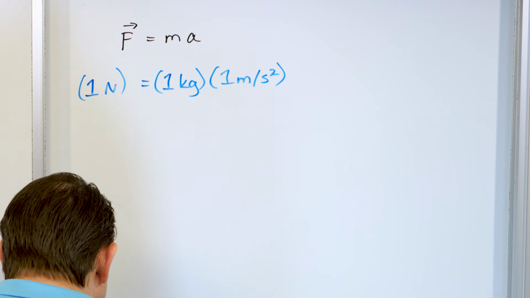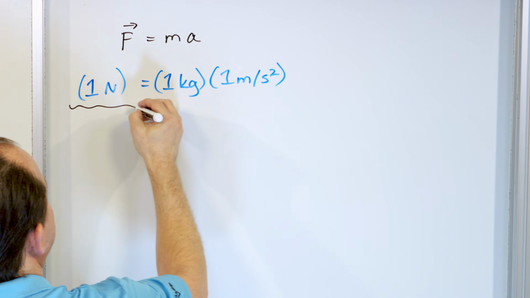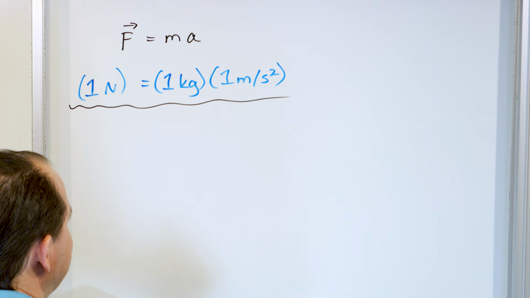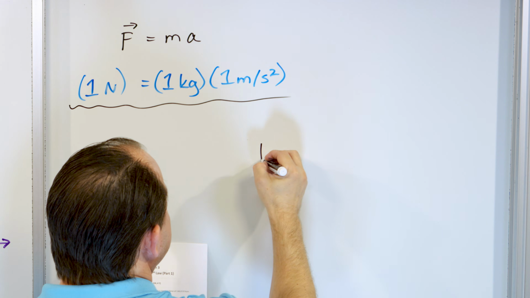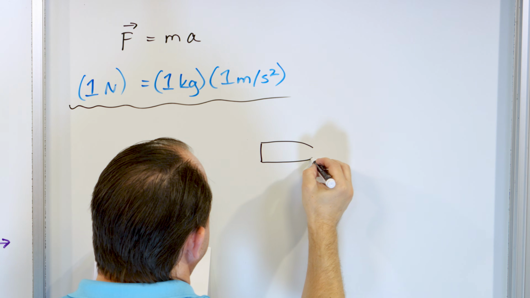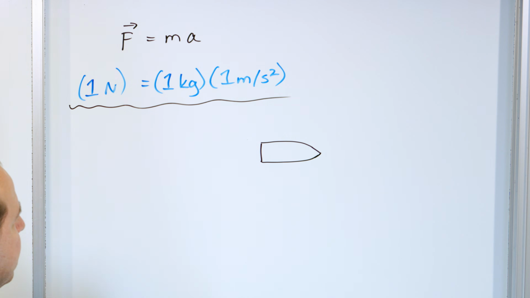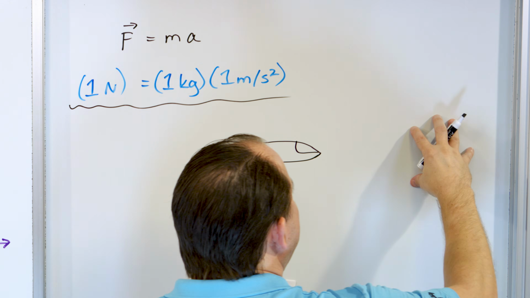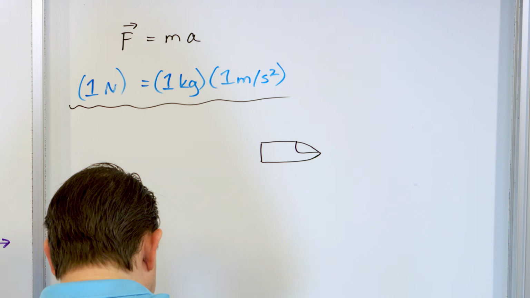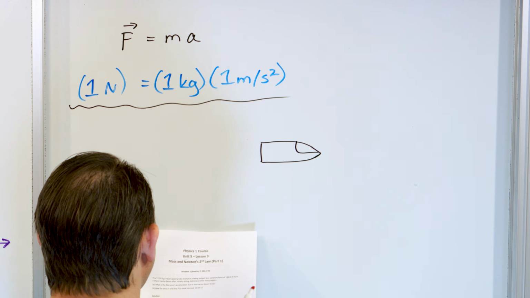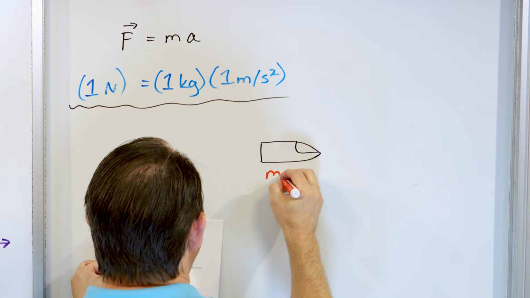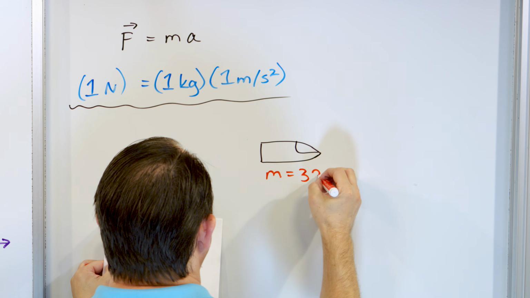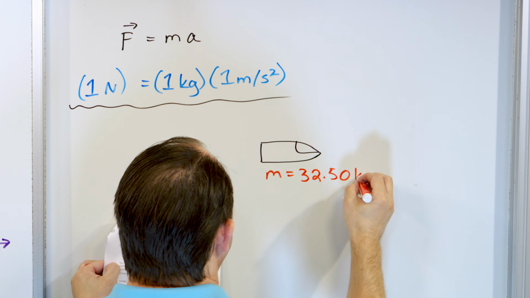So what we need to do first, before we do anything else, is draw a picture. Now, my picture is going to be terrible, but this is a space probe, something like this. And there's some alien over here, and basically they're pulling on this thing, and we know that the space probe has a mass of 32.50 kilograms.